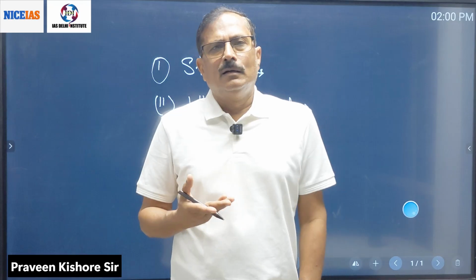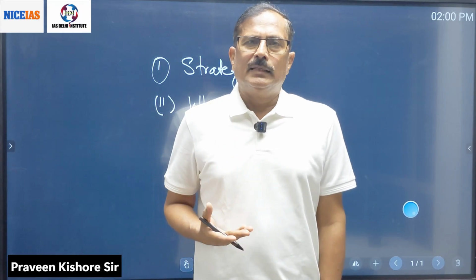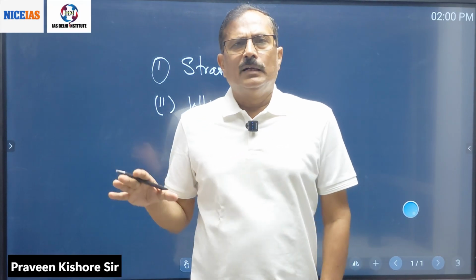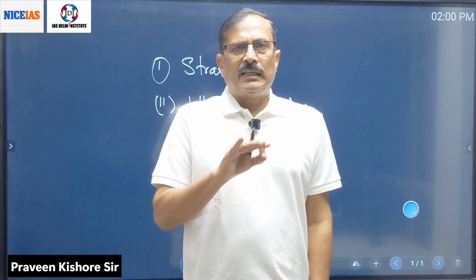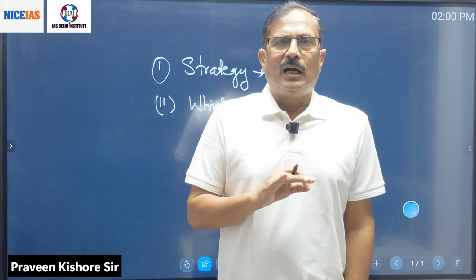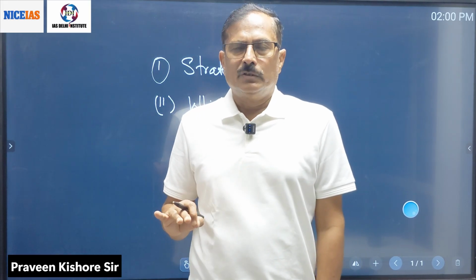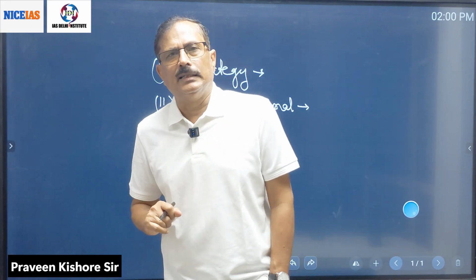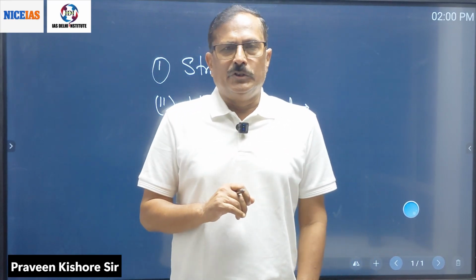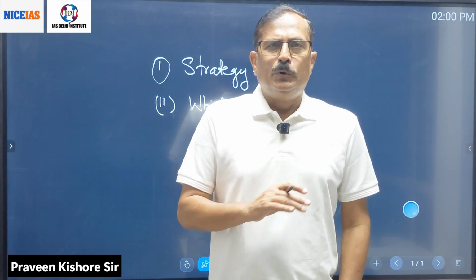The second ranker also has sociology as optional. Whatever may be the criteria of your selection, once you select the subject, after that don't vacillate, commit to that subject. What I say, generally sarcastically, is that before marriage you do everything.